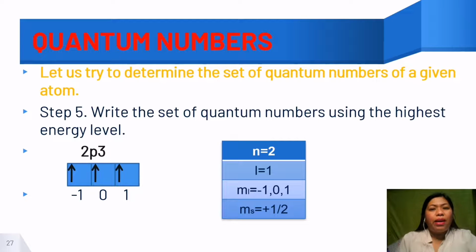So our L value is 1. While the magnetic quantum number or M sub L of this is any of the negative 1, 0, and 1. But how to determine the exact value of the spin quantum number or the M sub S?